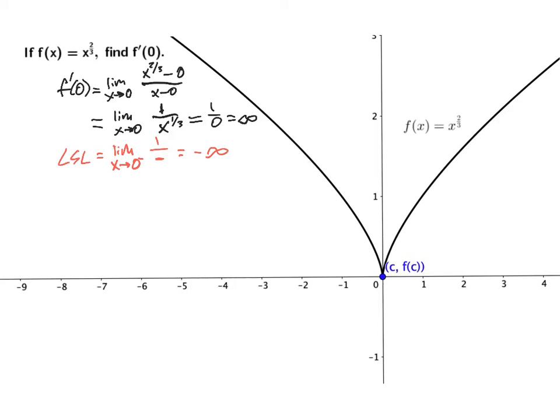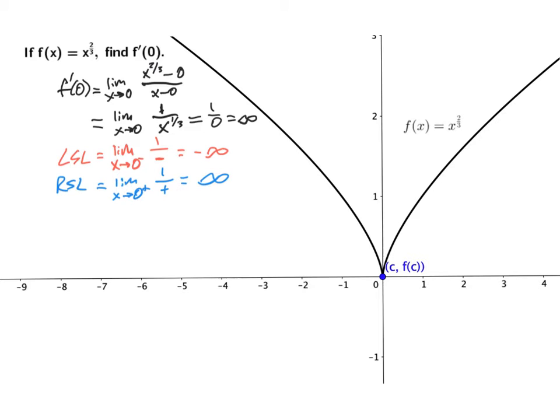And if we look at the right side limit, that's the limit as x goes to 0 from the right. Now we've got positive numbers going into x. They're going to be infinitesimally close to 0, so essentially 0, but they're going to be positive. So this is 1 over a positive, something close to 0, and so that's a positive infinity.